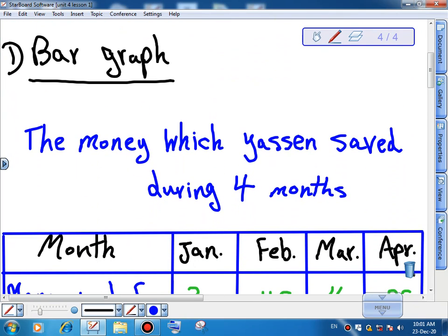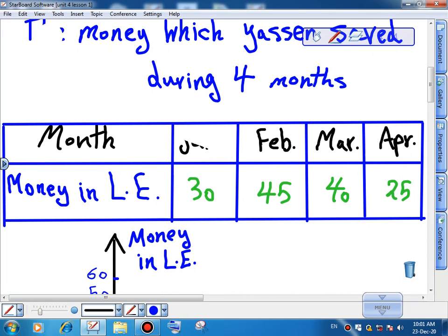If we take the first one, bar graph. If I have new information about the money which Yasin saved during 4 months, I have a table that tells me the new information. The first column is month, which is January, February, March, April.